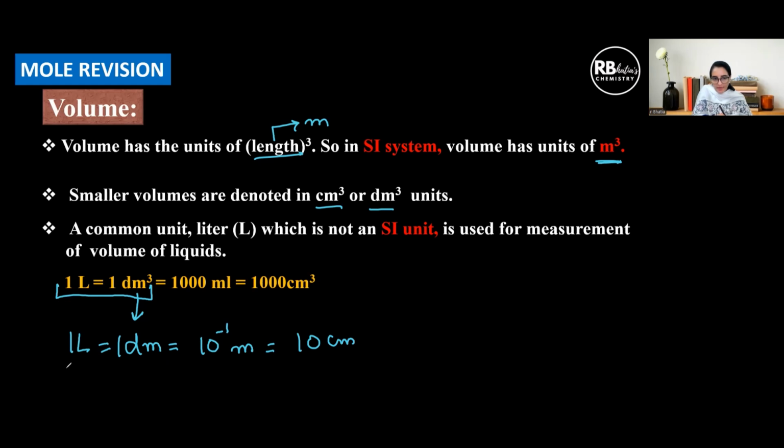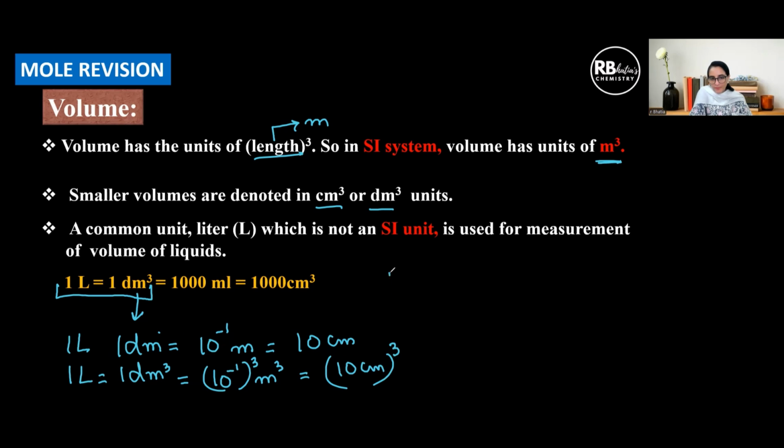Hence, please try and understand, 1 liter is basically equal to 1 decimeter cube. 1 decimeter cube means 10 to the power minus 1, the whole cube meter cube, which makes it 1 liter is equal to 1 decimeter cube, which is also equal to 10 to the power minus 3 meter cube, which is also equal to 1000 centimeter cube.